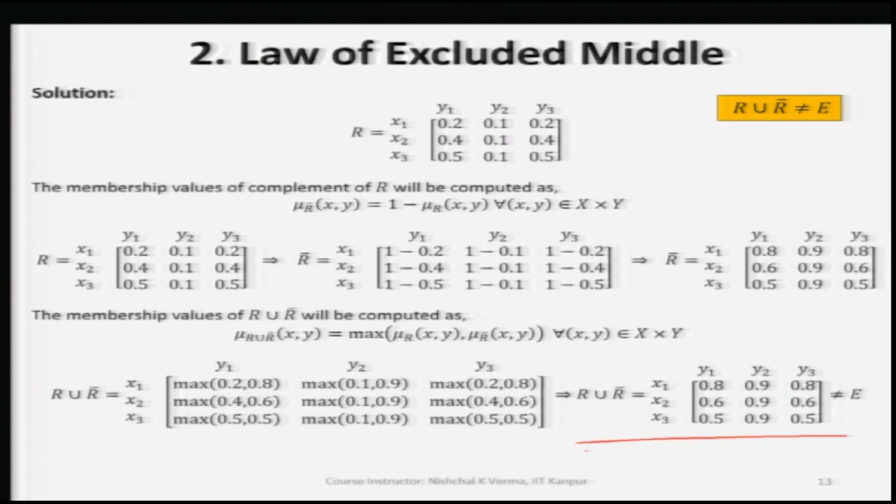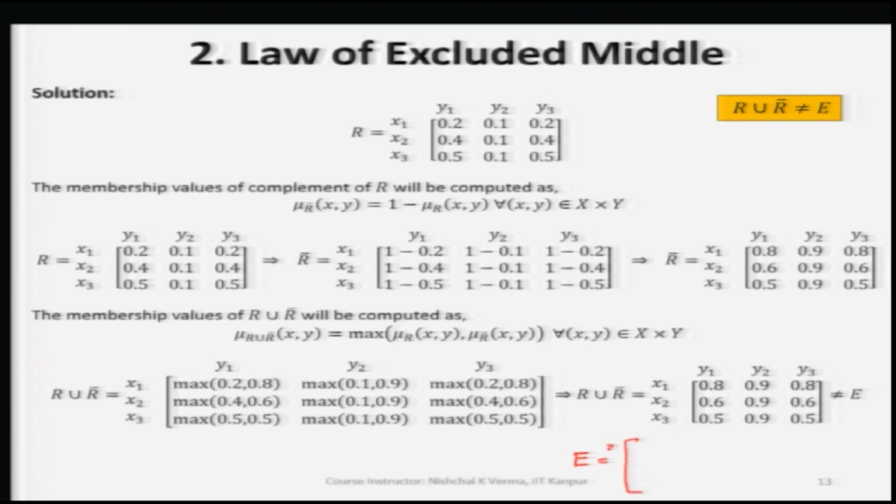This would have been equal to E when all these elements had their values equal to 1. But here we see that not all the values of this fuzzy relation matrix are equal to 1.